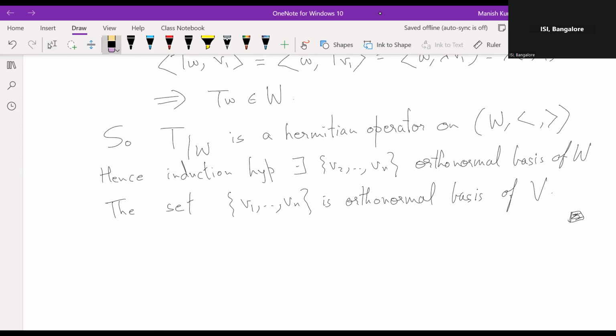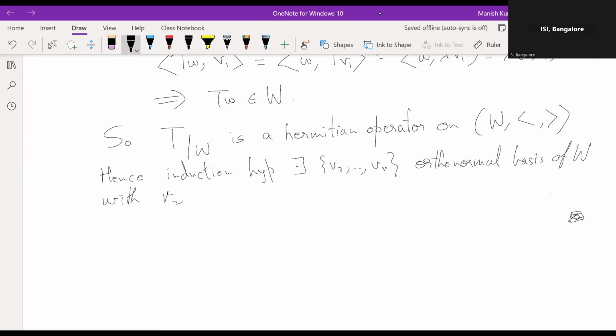So an orthonormal basis of W, where V2 to Vn are eigenvectors. Yeah, sorry. So maybe I'll just write it more here.